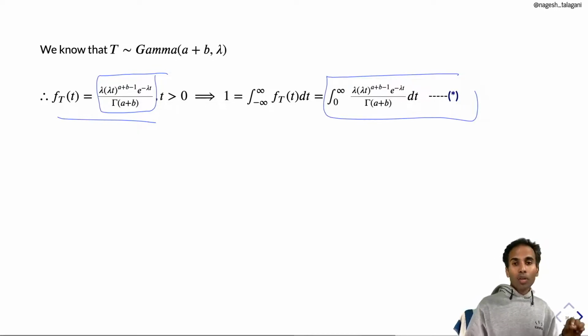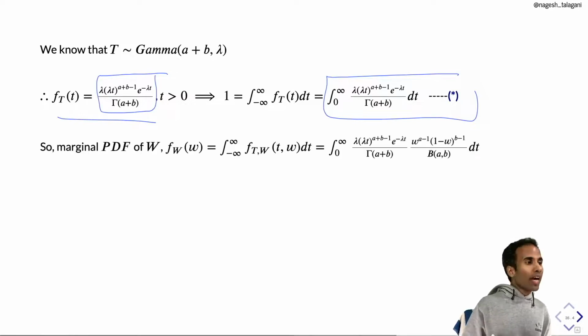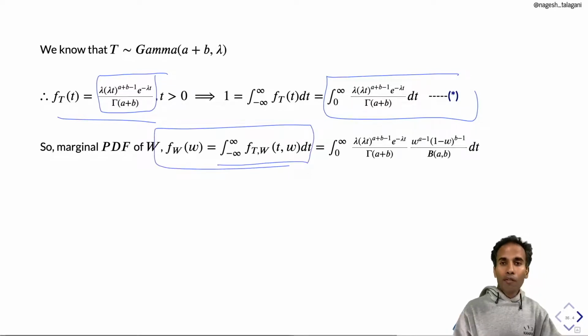Now to get the PDF of W, what do we do? We integrate the joint PDF of T, W with respect to T. This is how we get the PDF of W from the joint PDF of T, W. Here the limits of T are 0 to infinity.